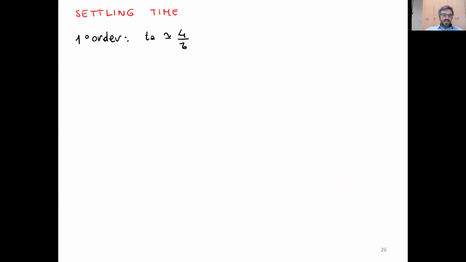And in case of first order system, the settling time we define, we will see afterward, is the time that the system needs to evolve to the 5% of the reference signal of the input.